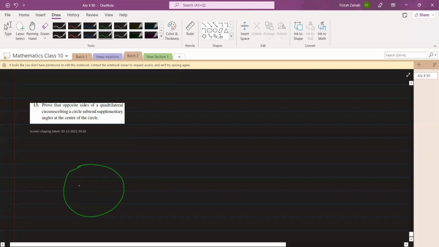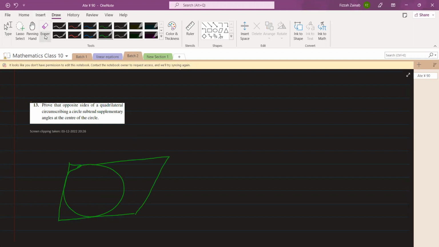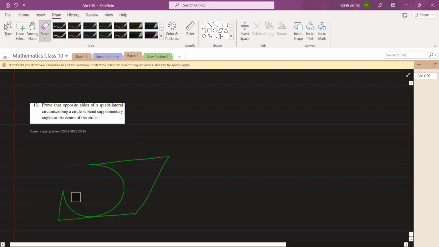Then you have a quadrilateral. Don't make it like a rhombus, just any quadrilateral. It should touch the circle. It should circumscribe the circle, that means from all the 4 sides, it should touch the circle.